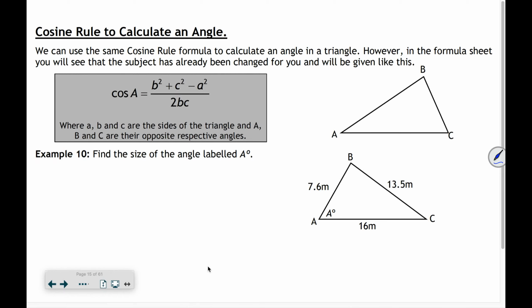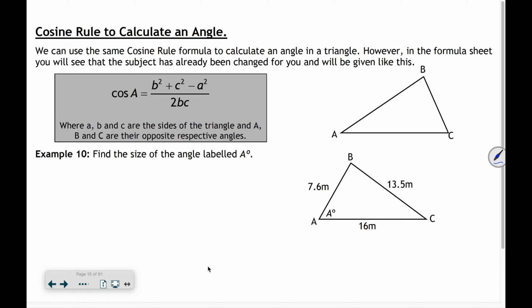We're going to take a wee look at using the cosine rule this time to find the size of an angle in a triangle. So, when we're doing this, what you'll find is we've used the sine rule to find a side and then find an angle.